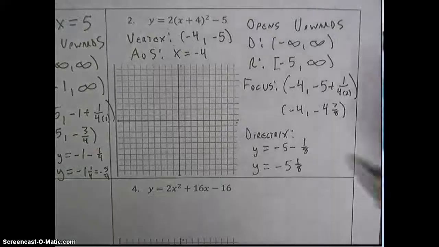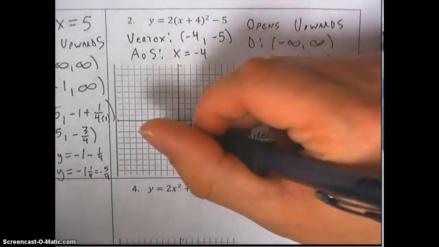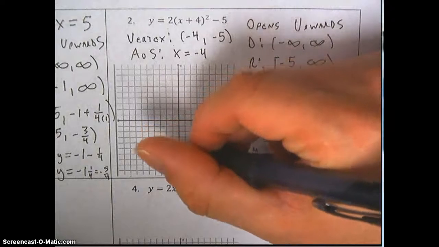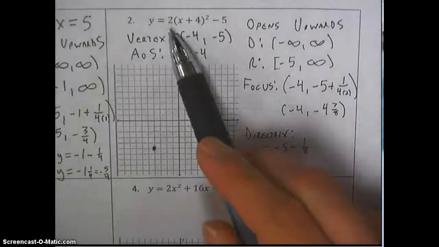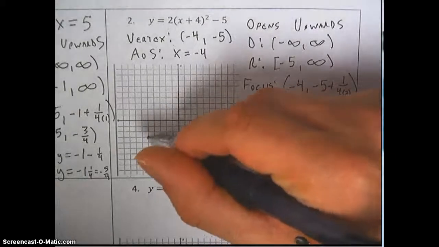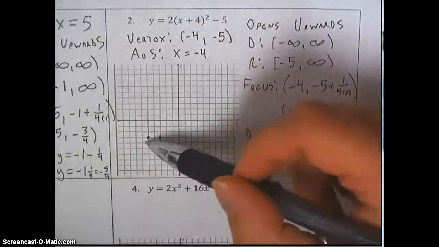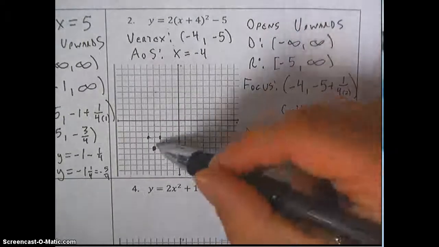So if I graph all this stuff, I know the vertex is at negative 4, negative 5. And I know there's a 2 in front, so I'm going to go up 2 over 1. And then if the pattern is 1, 3, 5, 7, 9, like that normally, we just double all those.